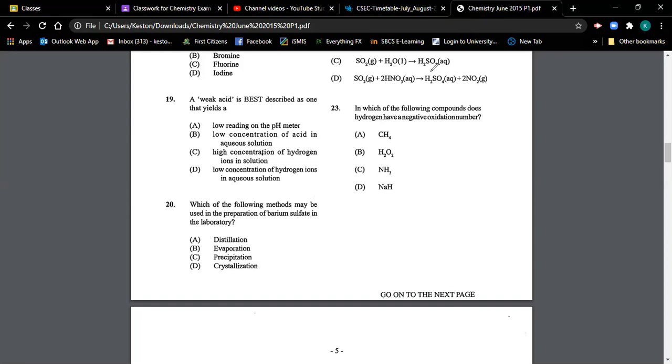Acids, bases, and salts. Barium sulfate is insoluble, so you could use a precipitation method. Yeah, because you'll be able to filter it out. What do you think? Make sense?